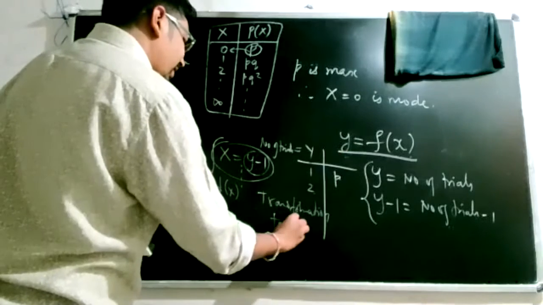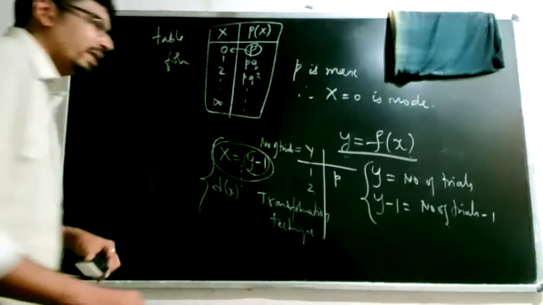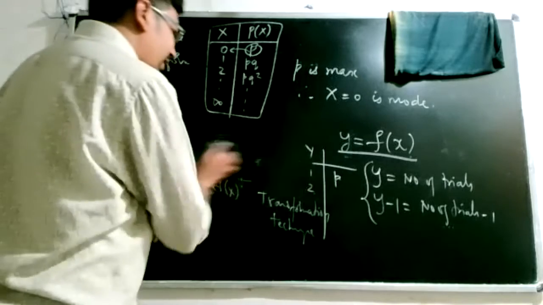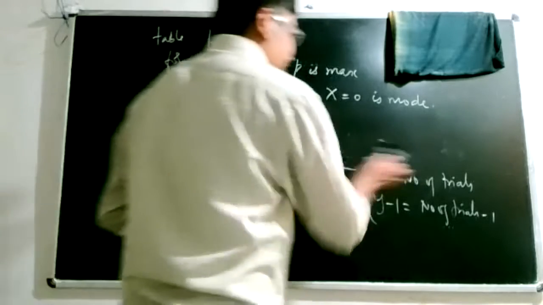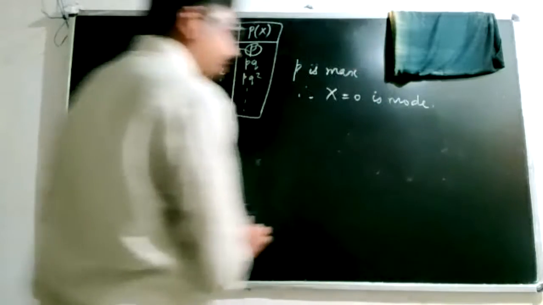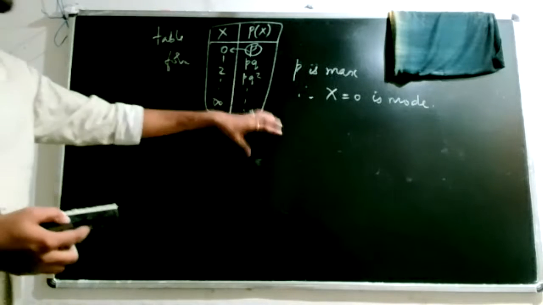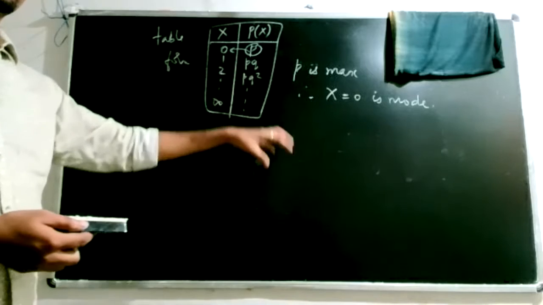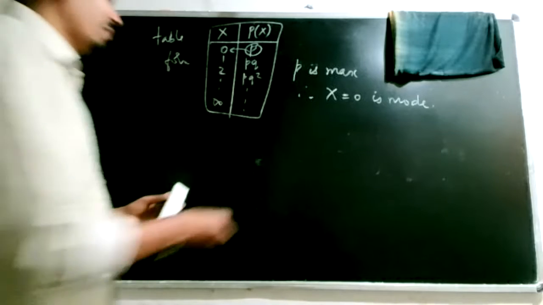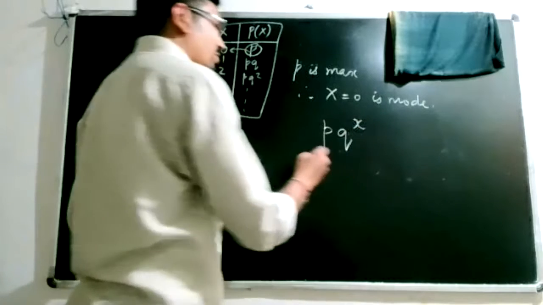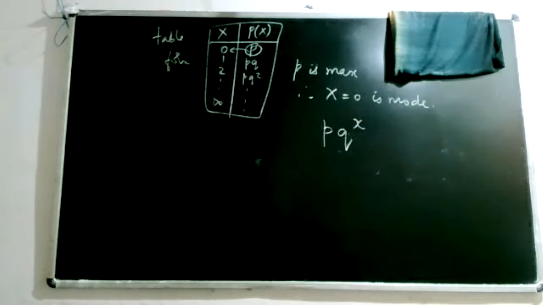So there we'll see how we'll use mathematics in establishing the relationship between the distributions. That is different aspect. So for right now, just try to think logically. Don't use mathematics everywhere. To establish a link between the distributions, I said x can be taken as y minus 1. So what I meant is that wherever you have y minus 1, you can replace it x so that you can easily remember the PMF.